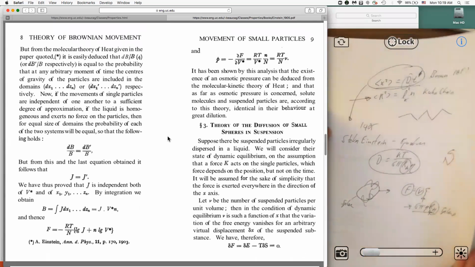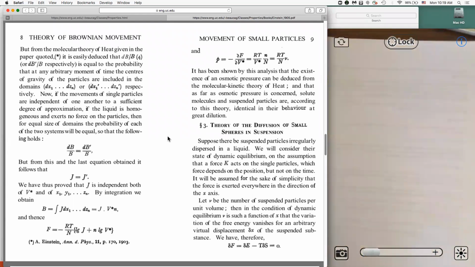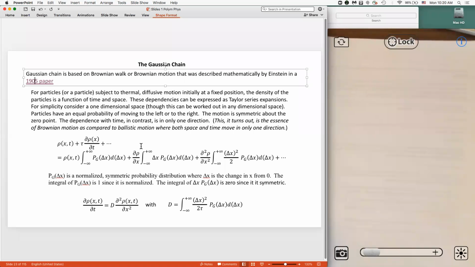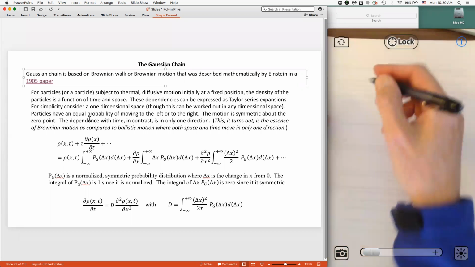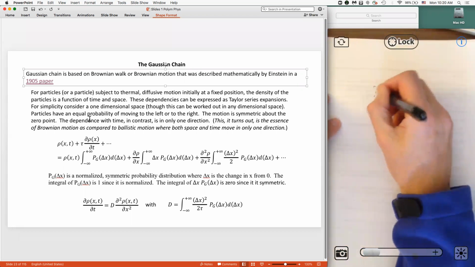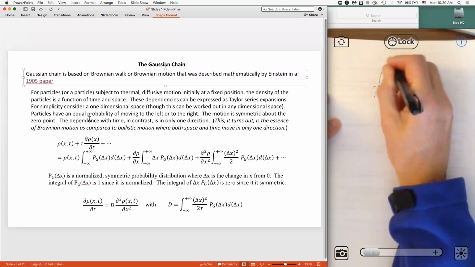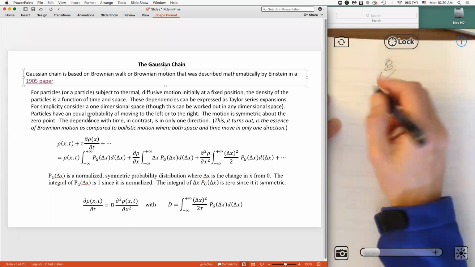The first equation he gets from a Taylor series expansion, which is a standard way to talk about how something behaves. He says he has particles. In our case, these particles are polymer coils, but they're just particles in general.